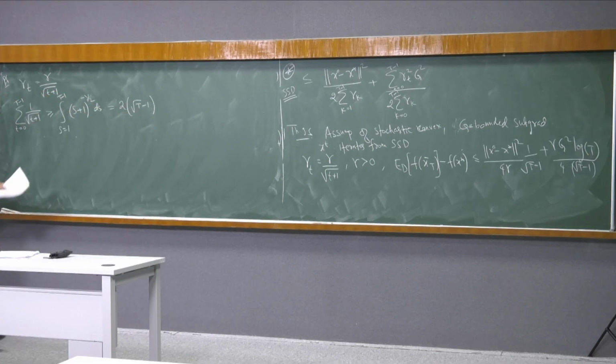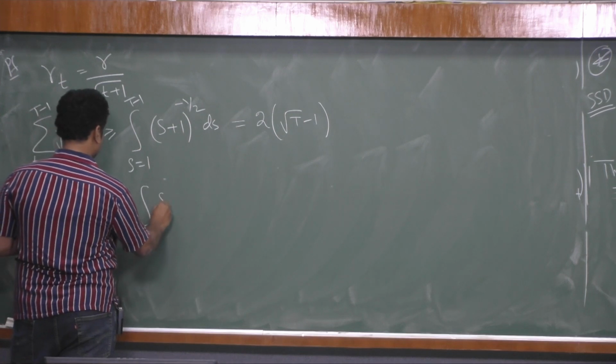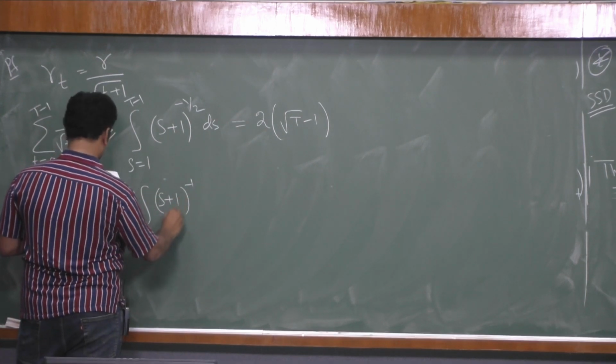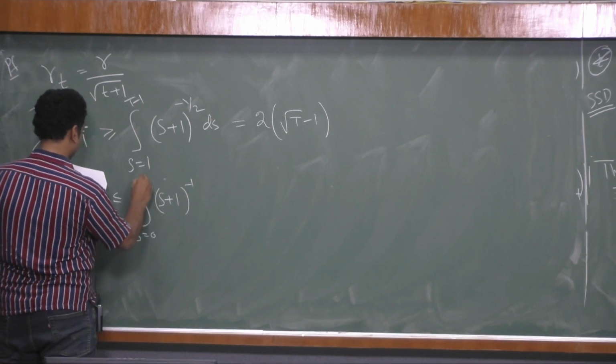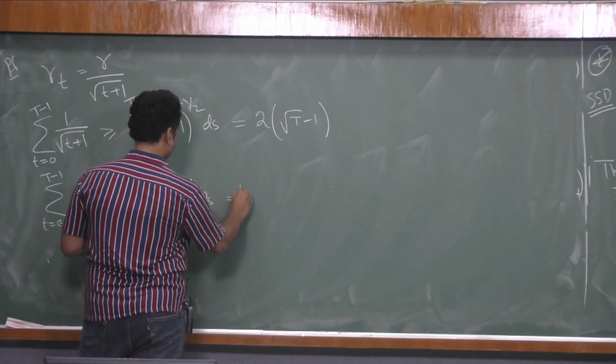Now let us look into gamma t squared. In that case it will be the sum of 1 by t, and we want an upper bound there. So another integral bound is: the sum of 1 by t plus 1, for t equals 0 to t minus 1, is less than or equal to the integral of (s plus 1) inverse ds, s from 0 to t minus 1, and this happens to be log t.